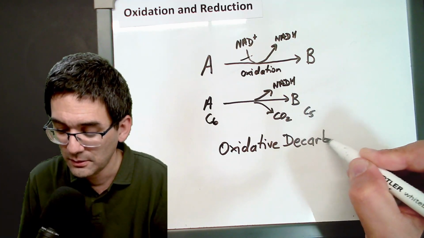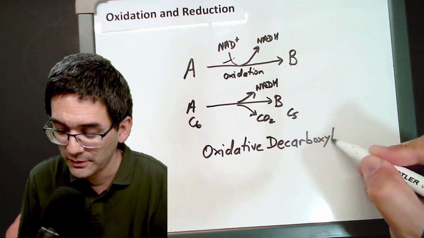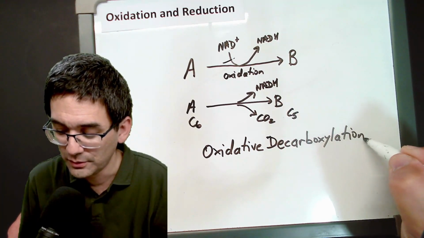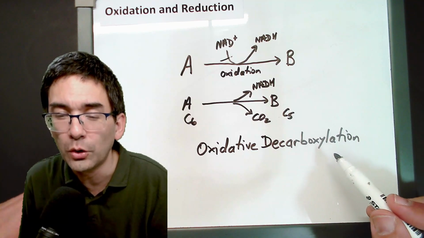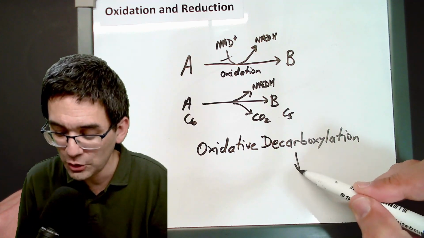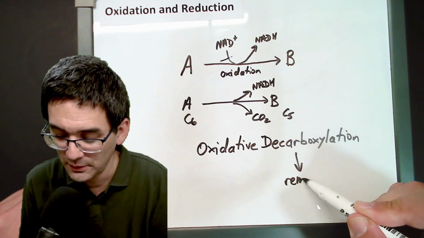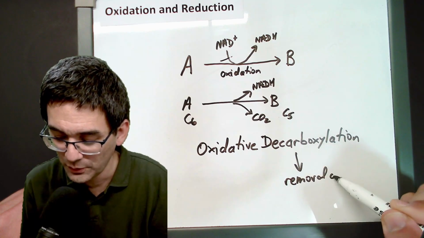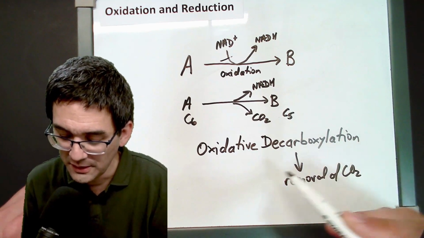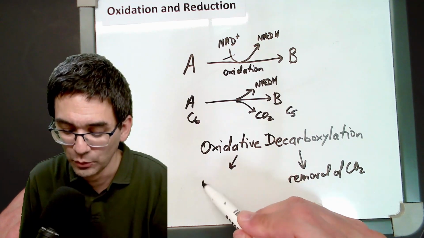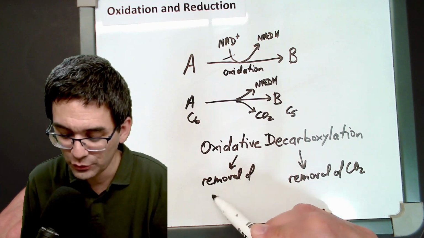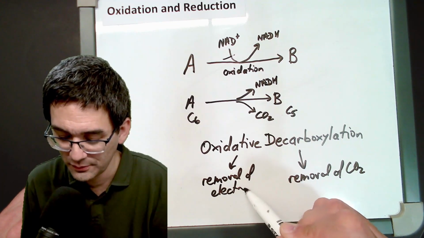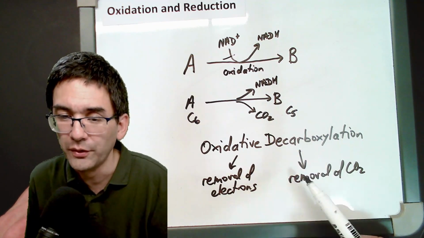Decarboxylation means the removal of carbon dioxide, and oxidation is the removal of electrons. And this is basically both of this happens here.